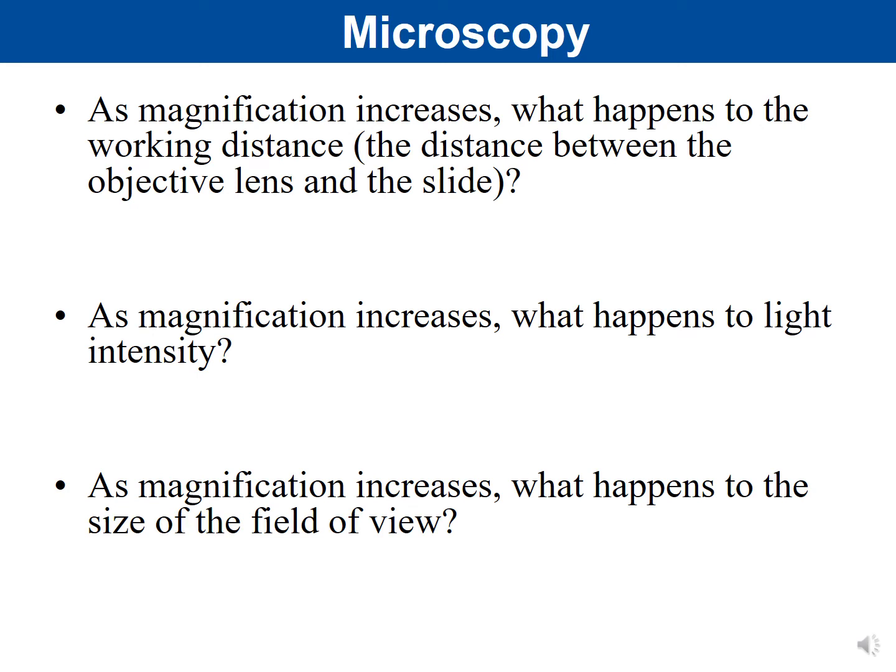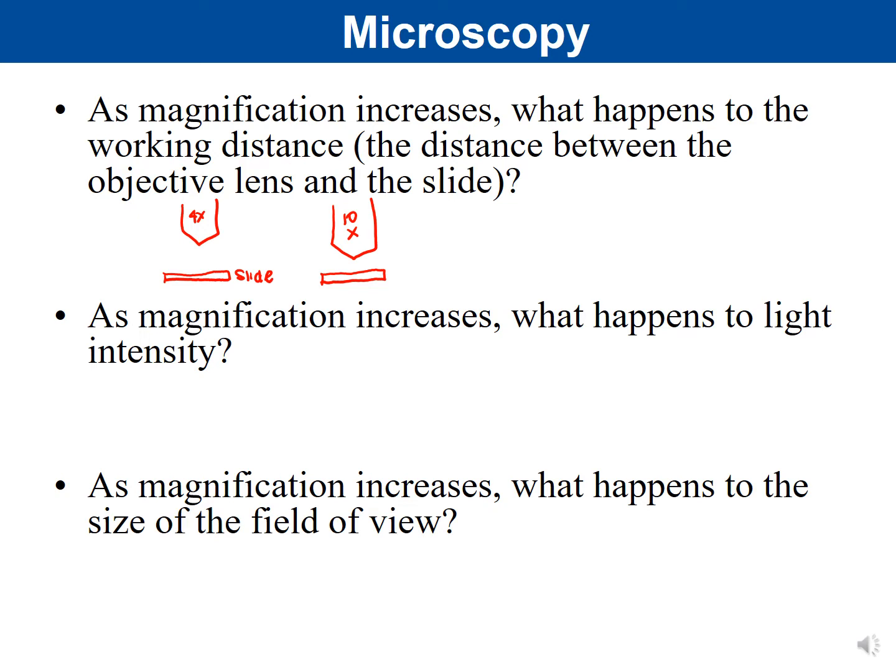So we need to talk about a few things that happen when using our microscope. And so we're going to answer some questions together. So let me put my pen on. So the question says, as magnification increases, what happens to the working distance, which is the distance between the objective lens and the slide? So if this is my 4x, and here's my slide, that's my slide. And now I go to my 10x, and there's my slide, right?